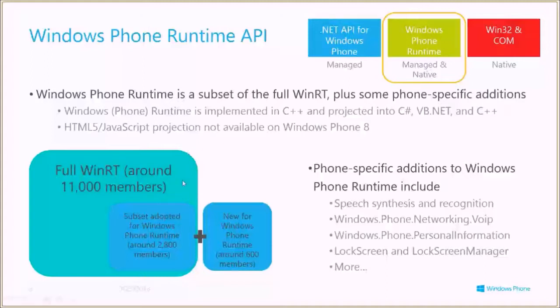However, there are new Windows Phone Runtime APIs dedicated just to Windows Phone, including speech synthesis and recognition, networking, voice over IP, and lock screen and lock screen manager. These are specific to Windows Phone. You cannot port or reuse them between Windows Phone and Windows 8. The HTML and JavaScript projection is not available in Windows Phone 8 as native development.